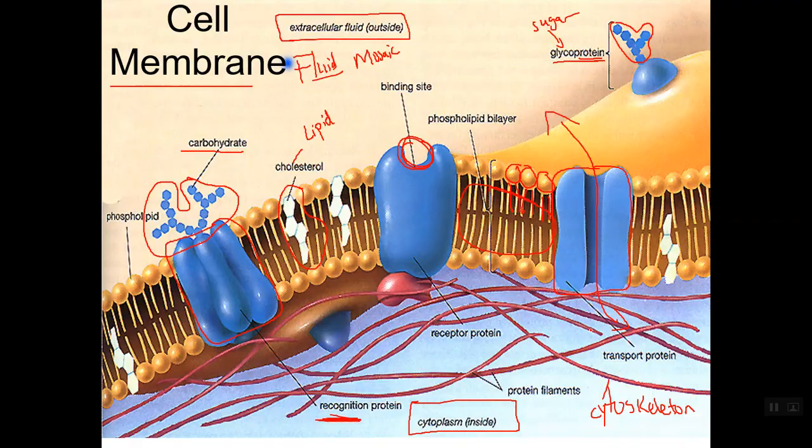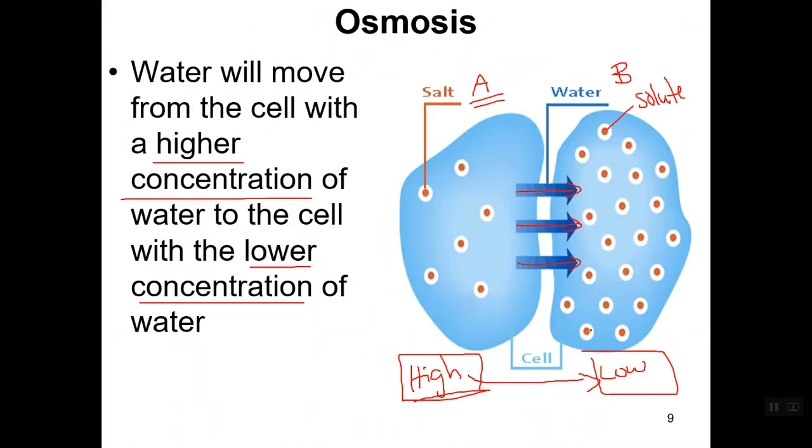And if you go back to our example where we talked about osmosis, this is also why water moved, but the salt did not. Notice the salt did not move. The salt stayed in the cells. It didn't move to the other cell.